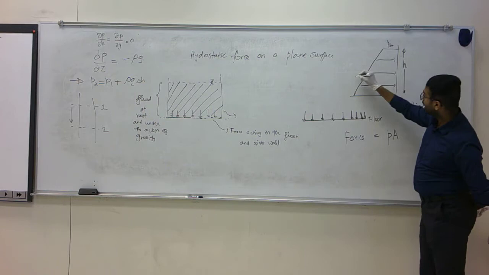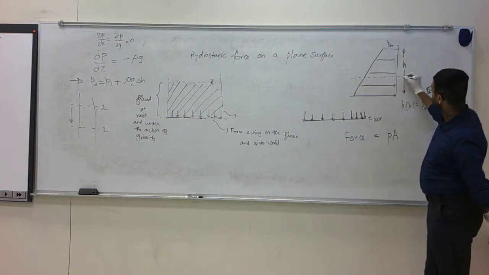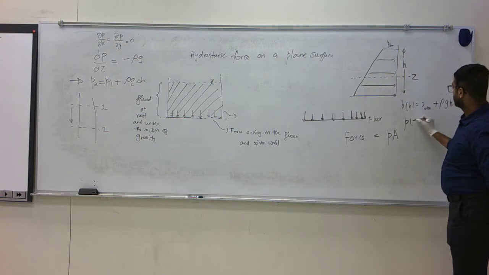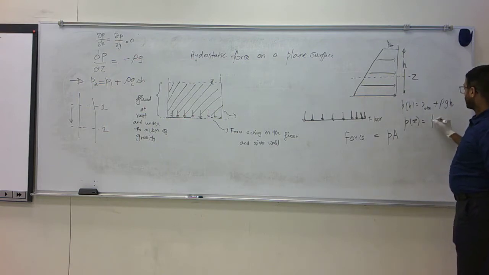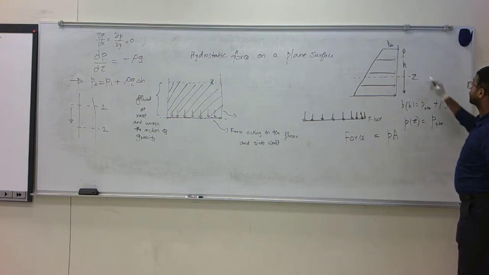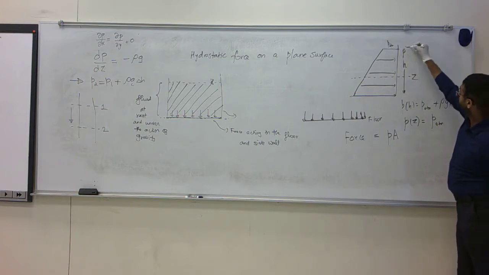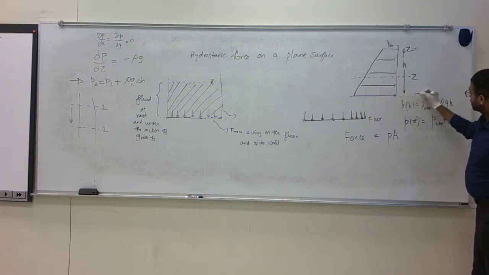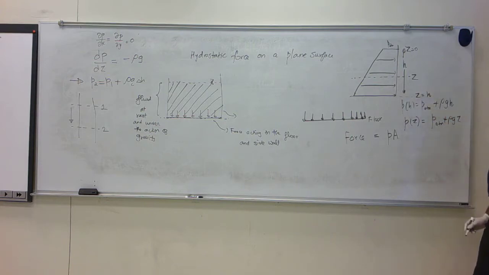If you consider any arbitrary height z, the pressure at height z is the atmospheric pressure, which is at the top where z is 0, plus rho g z. And at the bottom here, of course, z equals H. Okay, so this is the variation of pressure.